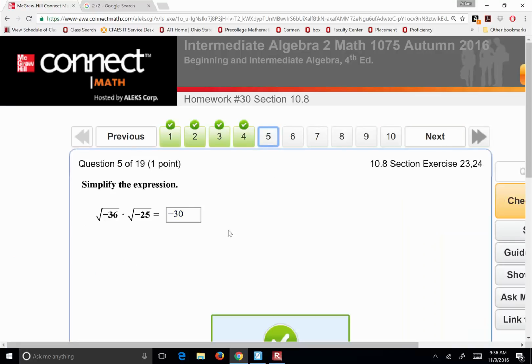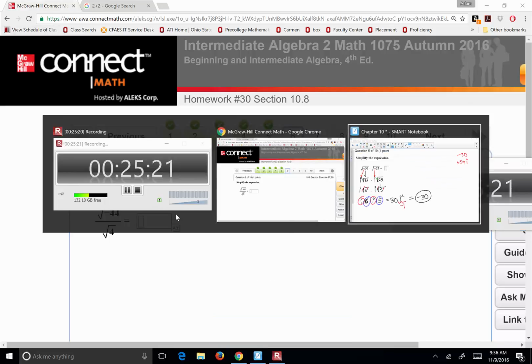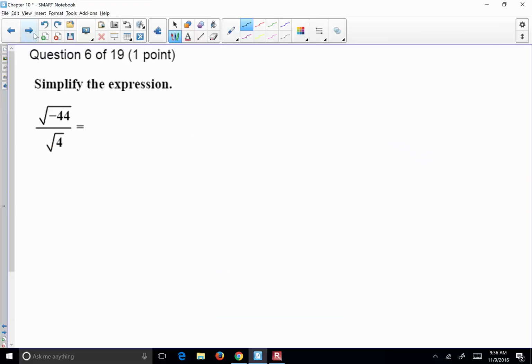Starting next, division. Can you divide these two radicals? You know the deal. They are not ready for division until you cure them. Sanitize them.